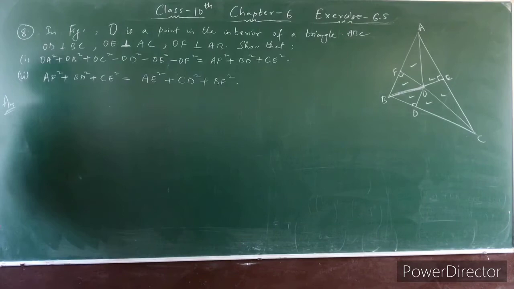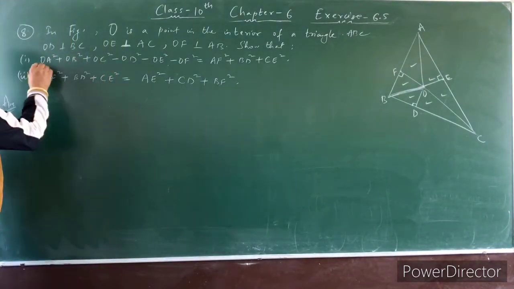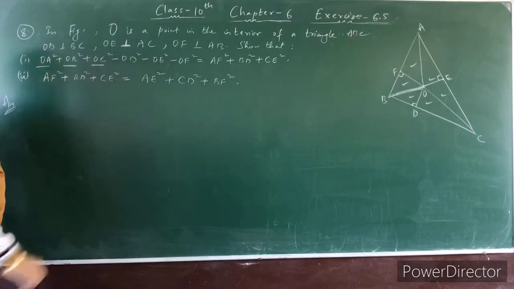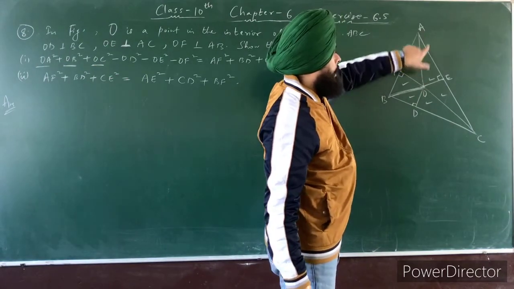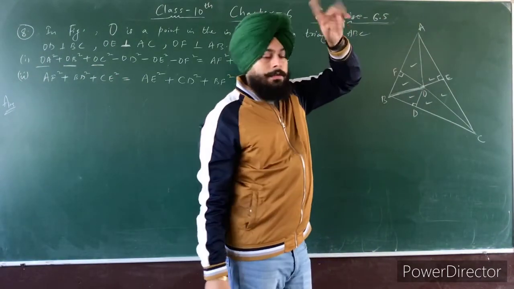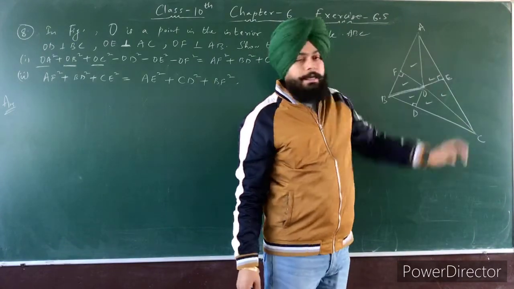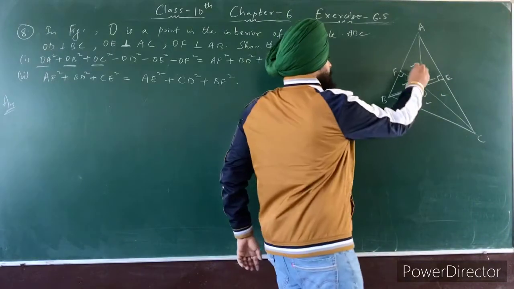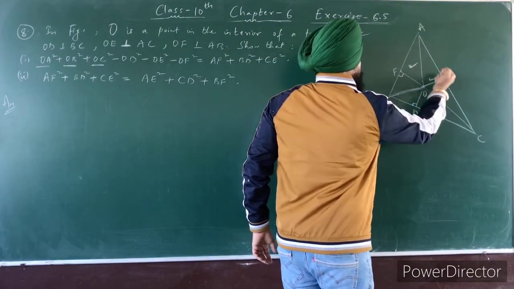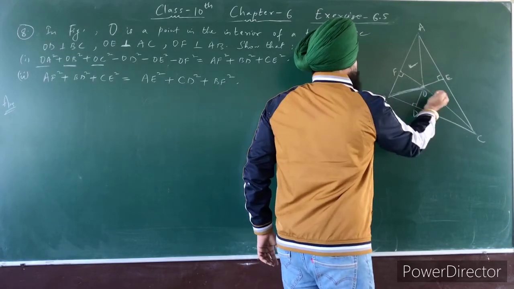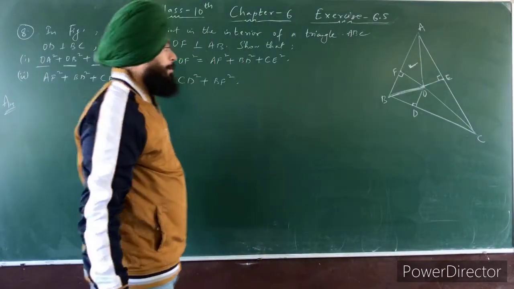And in a right triangle we normally apply the Pythagoras property. Clear? So OA square, OB square and OC square. You can see here OA comes in 2 triangles. The first one is triangle OAF and the second one is OAE. But we will take here triangle AFO.